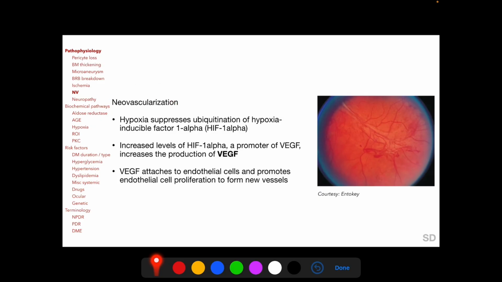Neovascularization and its sequelae is another cause of loss of vision in diabetic retinopathy, as we have mentioned, and neovascularization occurs due to extensive retinal capillary ischemia leading to hypoxia of these retinal areas. In these hypoxic zones of retinal ischemia there is suppression of destruction, by ubiquitination, of hypoxia inducible factor 1 alpha, resulting in increased levels of this factor, which is a promoter of the VEGF gene, thus increasing the production of VEGF.